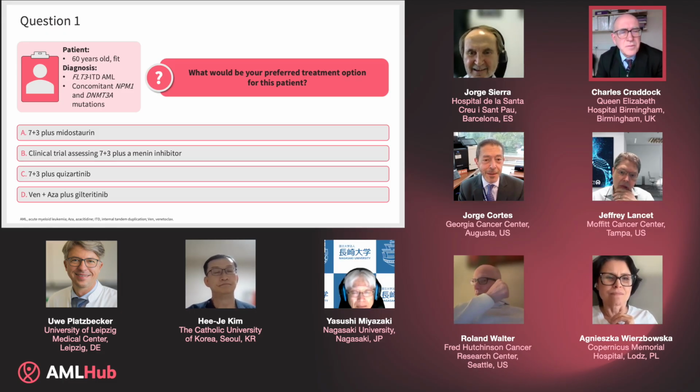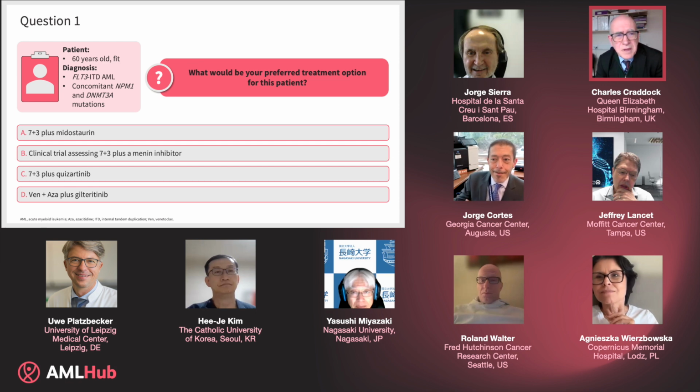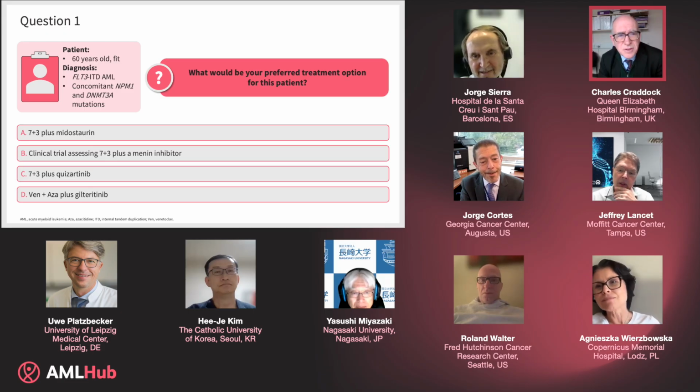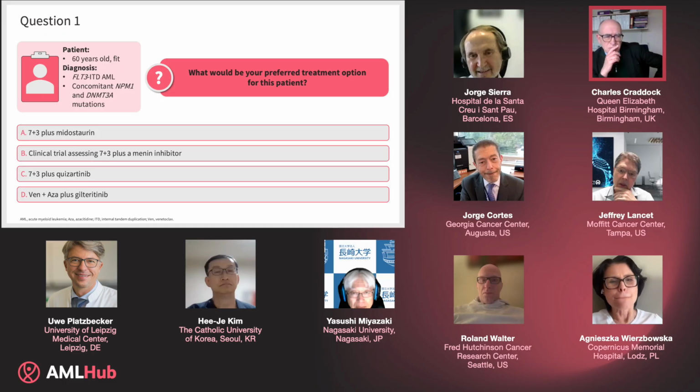Yeah, I guess not many people would disagree with that. This is the triplet mutation, isn't it, that has been shown in QuANTUM-First to do particularly well with quizartinib. You'd be wanting to take this patient to transplant. And you mentioned the Paradigm study, but of course they excluded patients with a FLT3 mutation, didn't they, from that study?